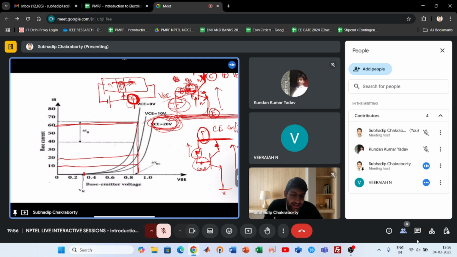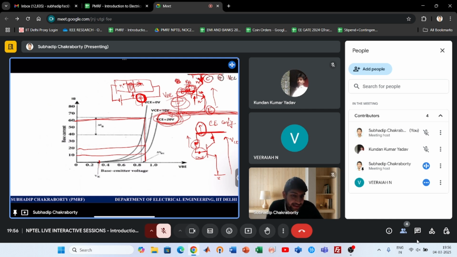So this is the input characteristic, which is very intuitive and very much aligned to what we have discussed. If you understand the operation, you will not face difficulty in understanding why this happened. So this is known as the input characteristics of a BJT, right? And you can understand, after the threshold, you can push any amount of base current depending on the chosen value of base resistance and the applied VBE. So this is the very intuitive basic characteristic.